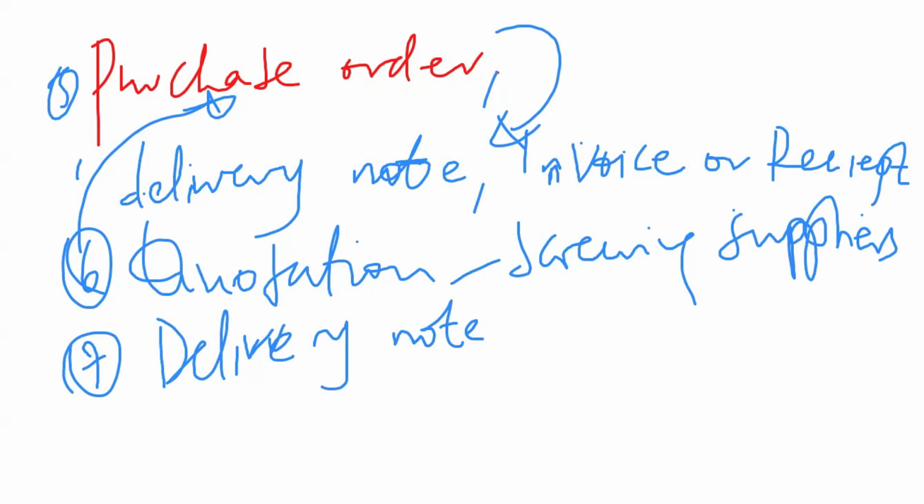But you may find that these companies, when they are dispatching the goods, also put a dispatch note or a dispatch form. This one is only on the side of the supplier. Here for us, we are not interested in the dispatch note because the dispatch note is only helping the other side. What we are only interested in is getting the delivery note. That will be the confirmation that we've received the goods.